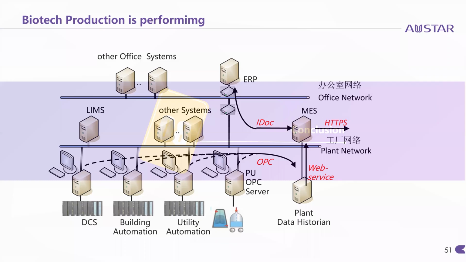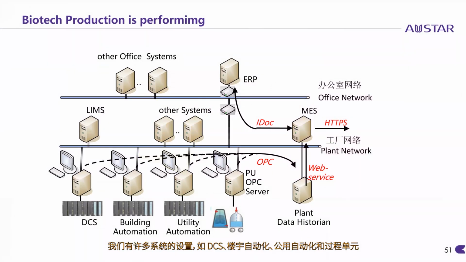So I'm ready to come to the conclusion. We have a setup with a number of systems like DCS, building automation, utility automation, package units. We have LIMS and MES, and we have our historian. They are working together and also connected to the ERP. So the whole vision of automation, not just equipment but business automation, can be fulfilled.